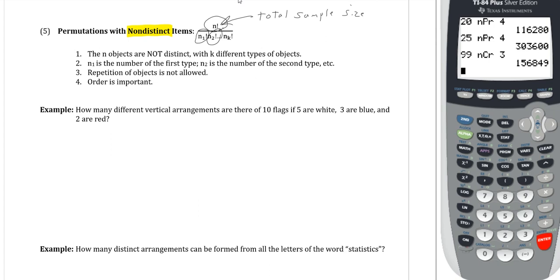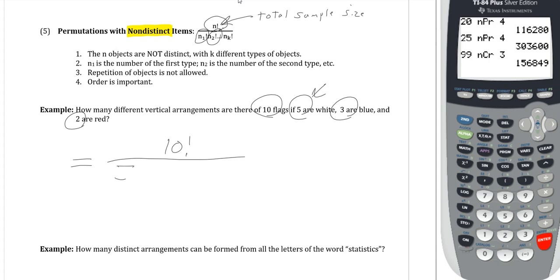Here we have: how many different vertical arrangements are there of 10 flags? So we have 10 flags overall, 5 of which are white, 3 are blue, and 2 are red. These are non-distinct items because I have 5 white flags, all of which are not really distinct from one another. One white flag is really the same as another one. Therefore, in order to solve this, we have on top the total amount of items, which is 10 factorial. And on the bottom, we have a factorial for each non-distinct item.